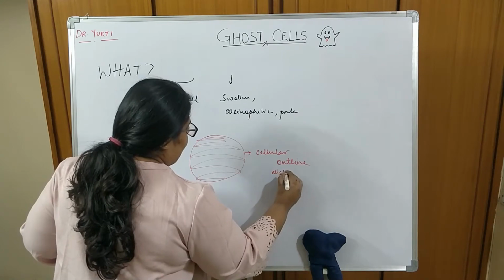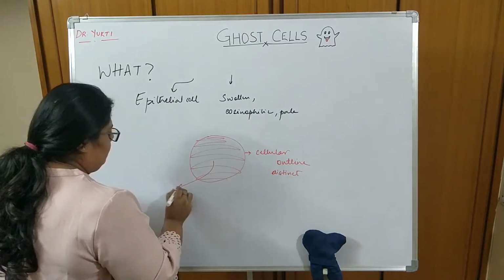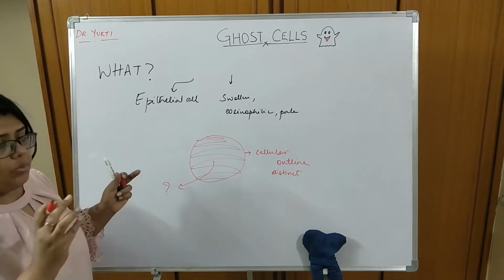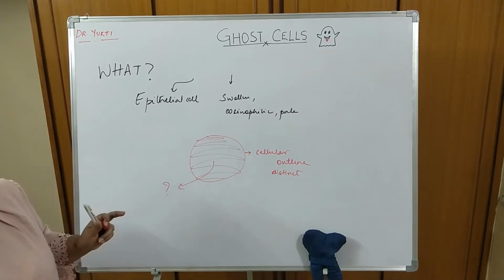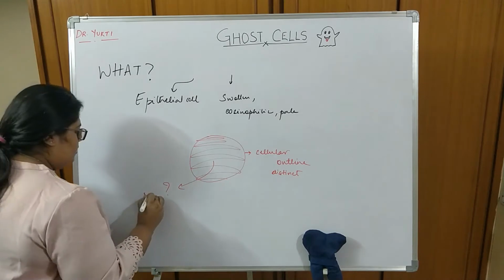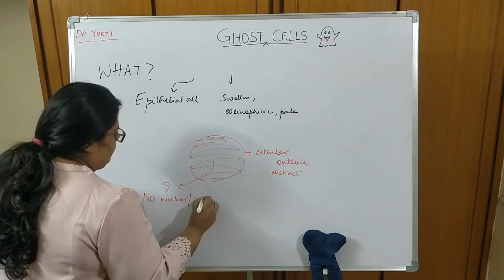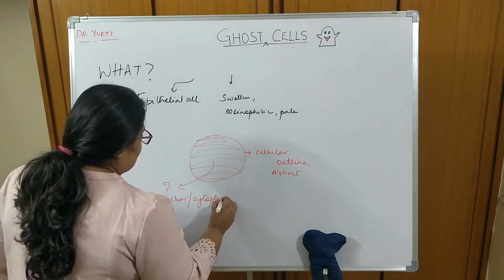and it is retained, but inside, the nuclear and the organelle outlines and everything have disappeared. So no nuclear or cytoplasmic characteristics can be seen.